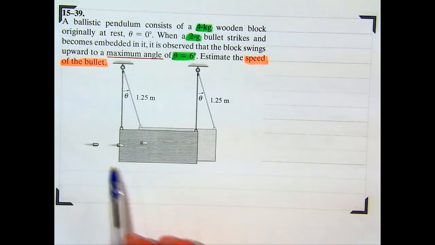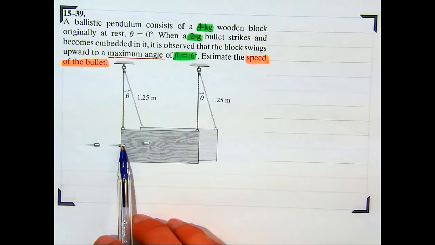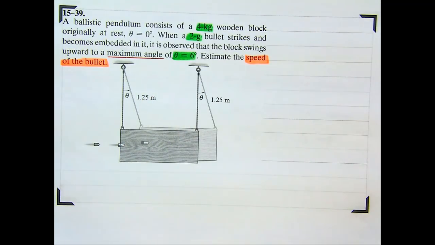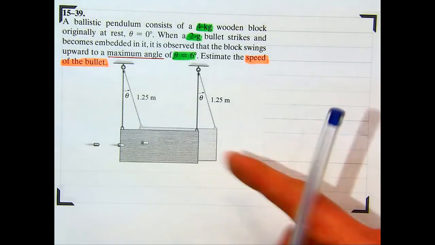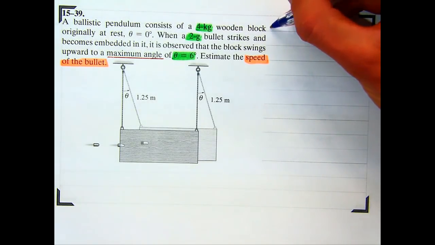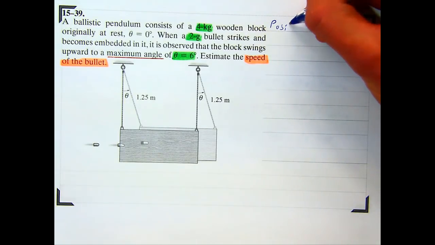Now, here we've got a collision taking place, and then once the collision takes place, this pendulum moves up to that highest position. We should actually define 3 separate positions. Position 1 would be directly before the impact.